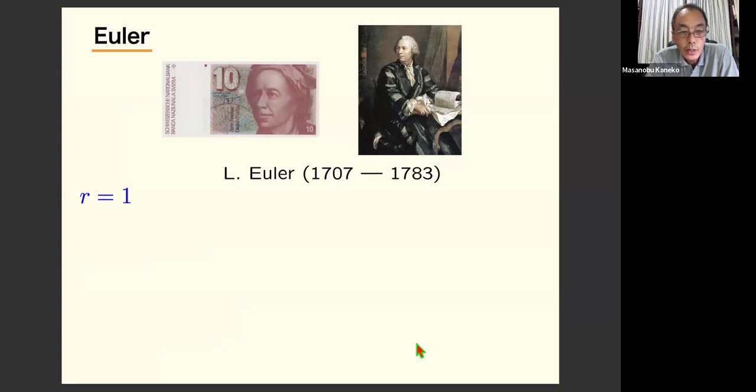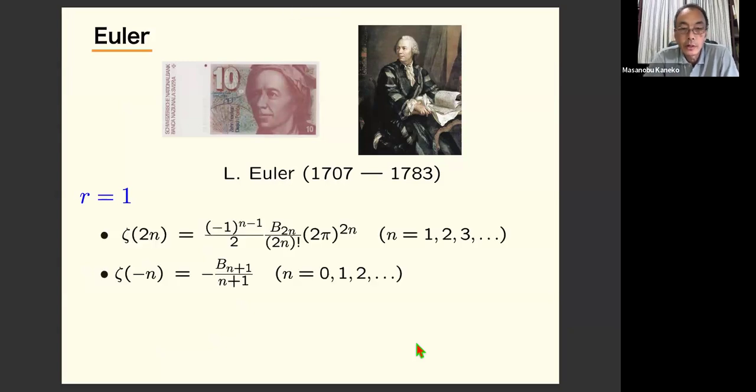The r equals 1 case is, as I think you all know, the so-called Riemann zeta values, but it was actually Euler who evaluated the values of the Riemann zeta function at positive even integers as a rational multiple of a power of pi.